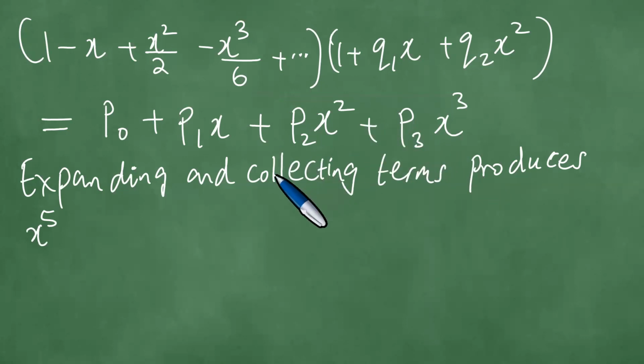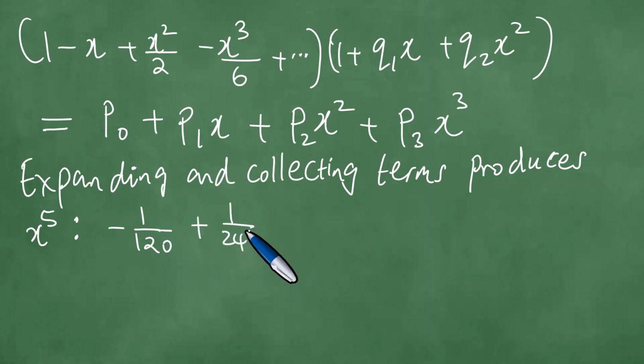So it has a couple of implications for us to consider. Therefore, if you multiply for the fifth power, you're going to have minus 1 over 120, 1 out of 24 q1, 1 out of 6 q2.